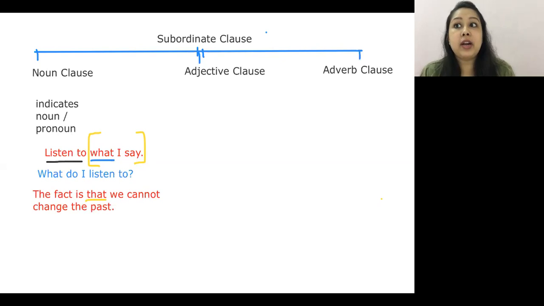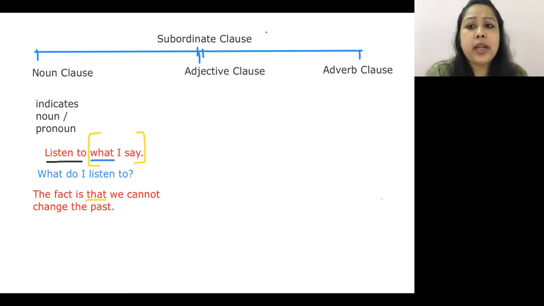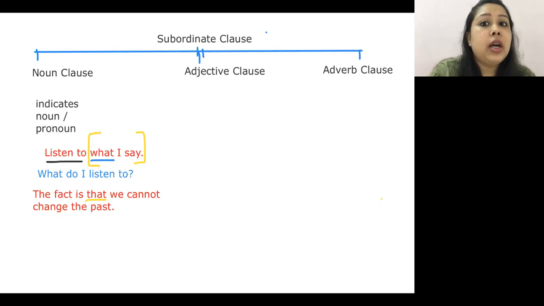I have to understand what my main clause is, and how would I understand that? This particular part of the sentence will help me frame a question. So what is helping me frame a question? What is the fact? I'm framing a question. What is the fact?